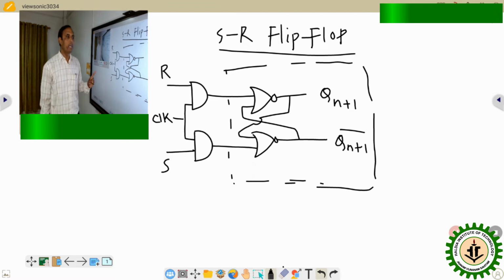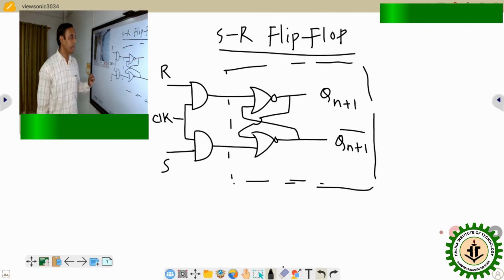So if we are not providing a clock pulse, then what will happen? The output will remain unchanged. Even if we change the inputs R and S, if we do not properly provide the clock pulse, the output will remain unchanged at every moment. Only after providing the proper input and clock pulse does the output change according to the logic.